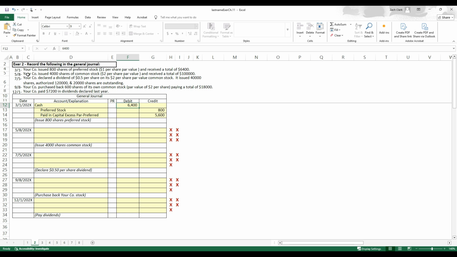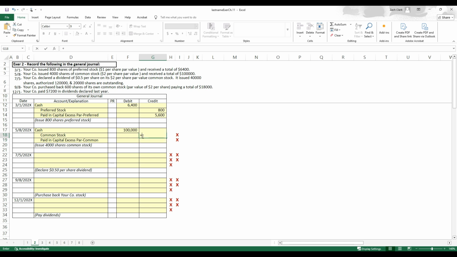Okay, and then on May 8th we had a similar situation, a very similar type of transaction. I think it's 100,000. So the total amount of cash we received is the cash that we want to reflect, and then we're going to have common stock, very similar to the transaction above, but common stock instead of preferred, and then the same type of account, the paid in capital excess of par, but using common versus preferred because we're talking about two different types of stock.